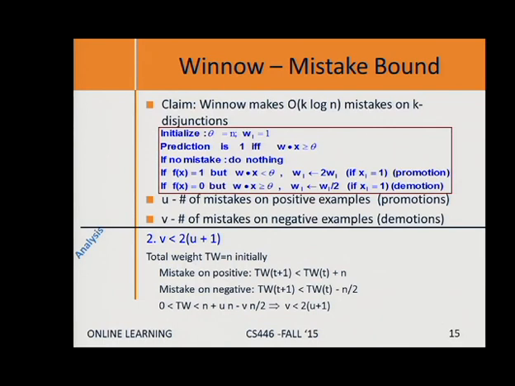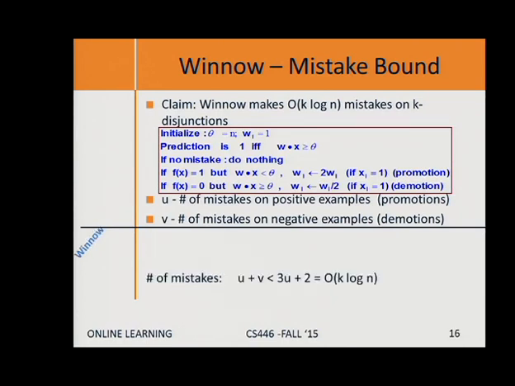OK? So really a very simple argument, and I think a beautiful argument, that shows that altogether, I add U plus V, and I get that the number of mistakes is going to be K log n. Now, this is a general statement, as you'll see later today, but I'm not going to prove it in the general case because it's complicated.